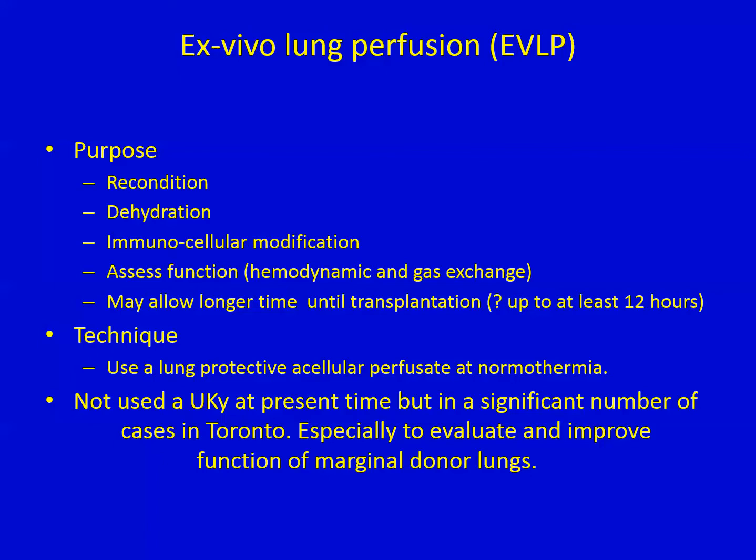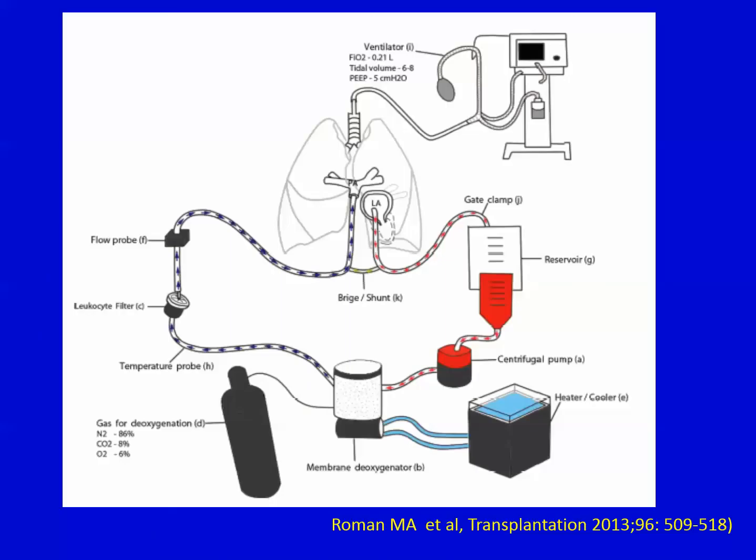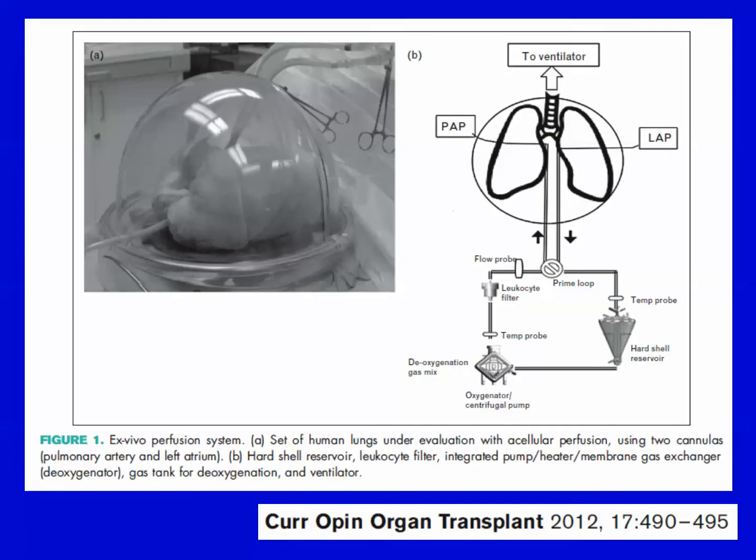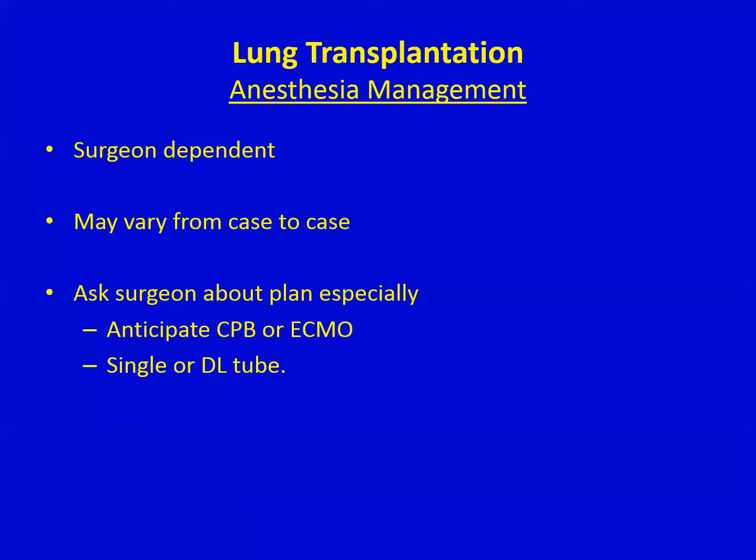It's not yet used at University of Kentucky, but in a significant number of cases in Toronto. This shows the circuit used for perfusing the lung, and this shows a lung inside a chamber being perfused. In the supplemental references, I've provided details about the outcome of this procedure.